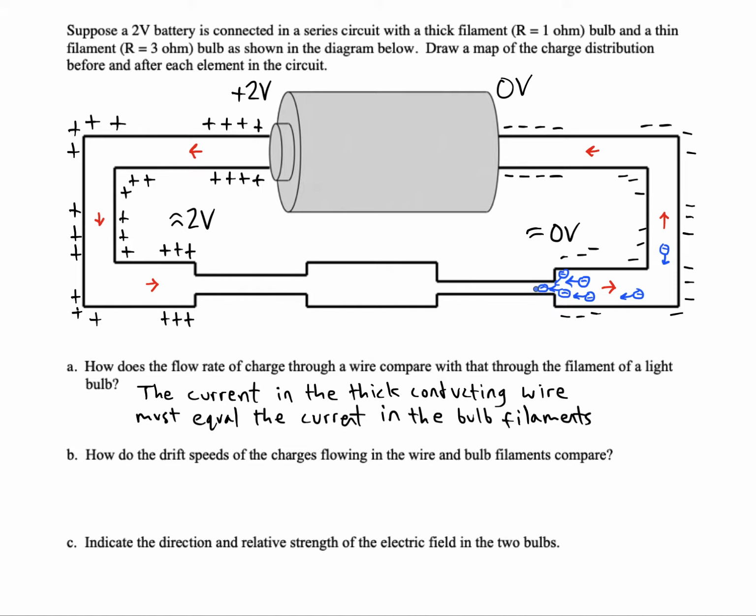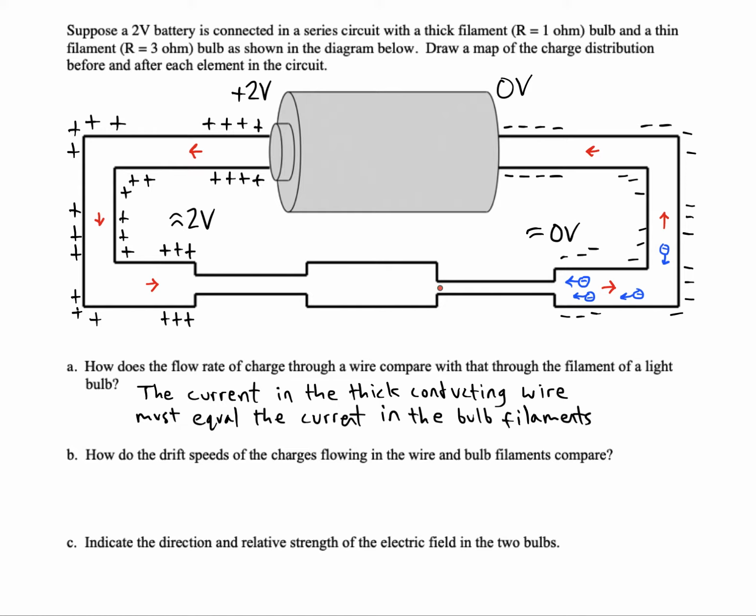In order for them all to get through, the speed has to go up. And so, just like a river, the same amount of water that flows in the thick section has to pass through the narrow section as well. So how do we get our electrons through that narrow, constricted space in a short time?